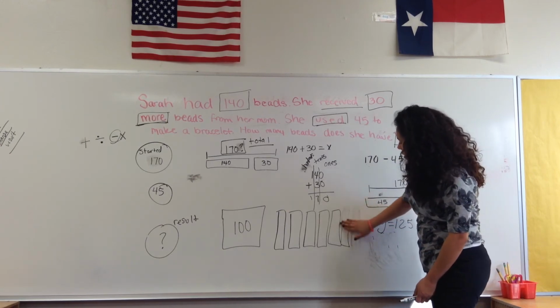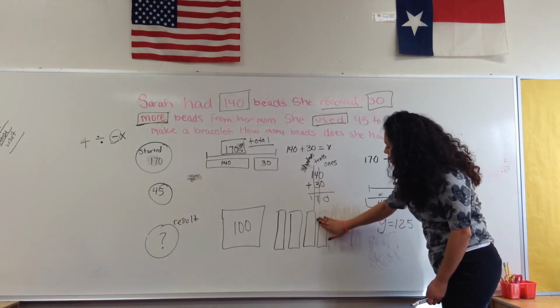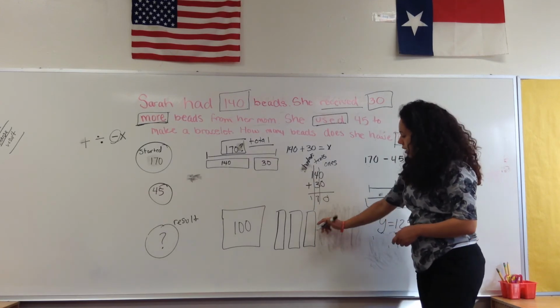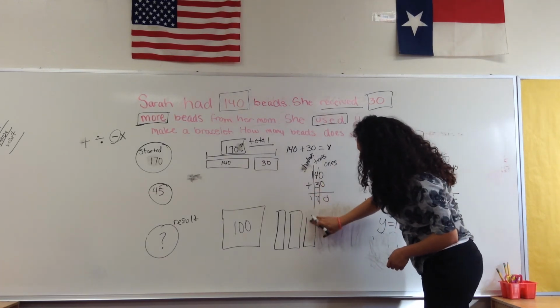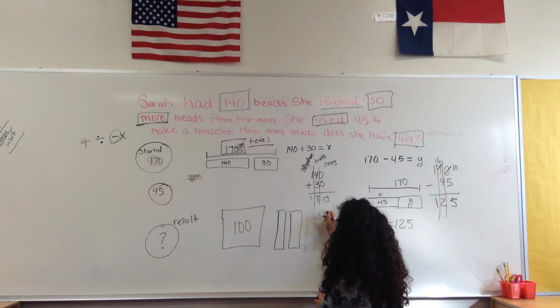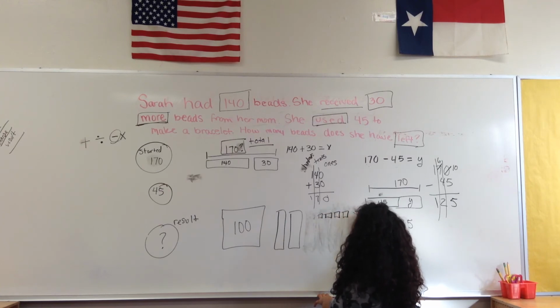That's 10, 20, 30, 40. And since we don't have ones, we have to break a 10. And we're going to substitute the 10 for 10 ones. 1, 2, 3, 4, 5, 6, 7, 8, 9, 10.